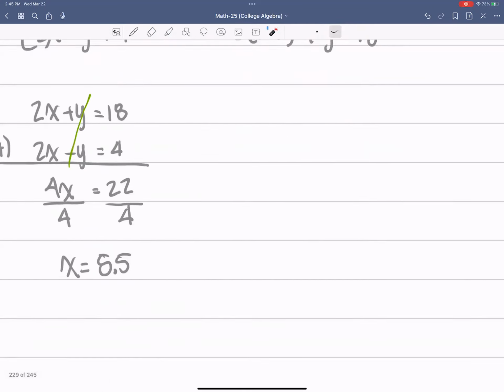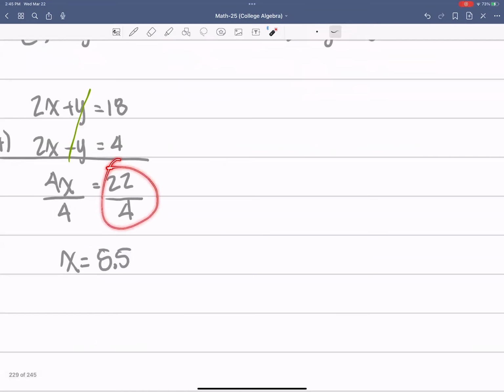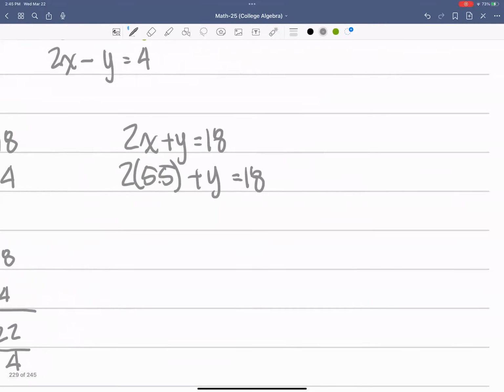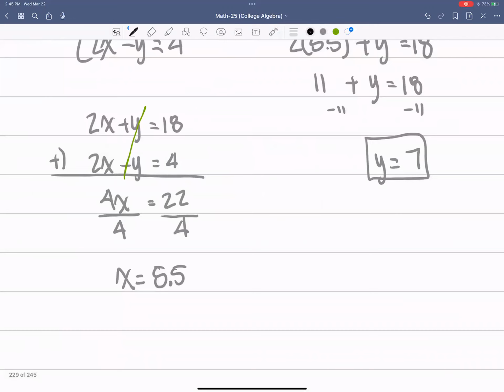And we actually have this part here, it ended up being 11 over 2, so the 2's would divide out here. Or you could just plug that into a calculator and see that it ends up just being 11. 11 plus y is equal to 18. Subtract 11 from both sides. We end up with y is equal to 7. So that's our y component of the solution.